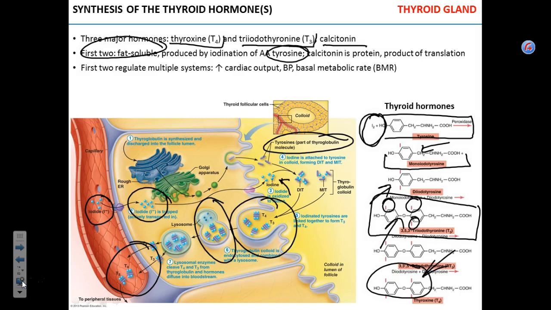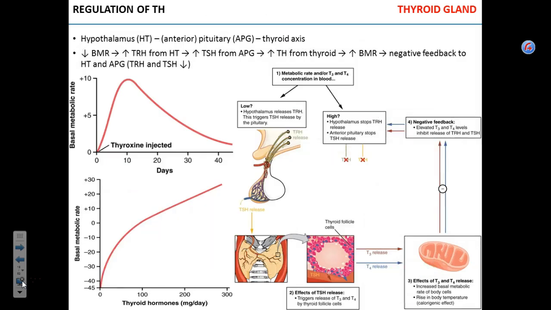Overall, they will send your organism into overdrive, meaning they will stimulate energy consumption. They will increase cardiac activity. So cardiac output will go up, heart rate will go up, contractility will go up. They will increase utilization of energy.